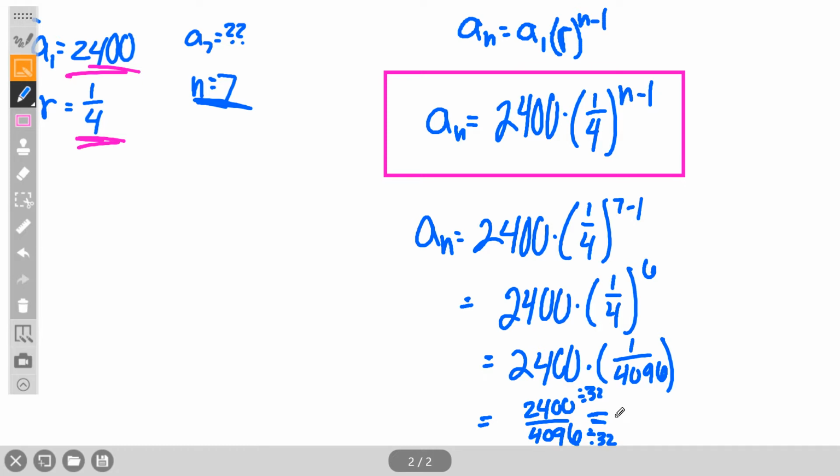So 2400 divided by 32 is 75. 4096 divided by 32 is 128. So this simplifies to 75 over 128. So that's our 7th term, 75 over 128.